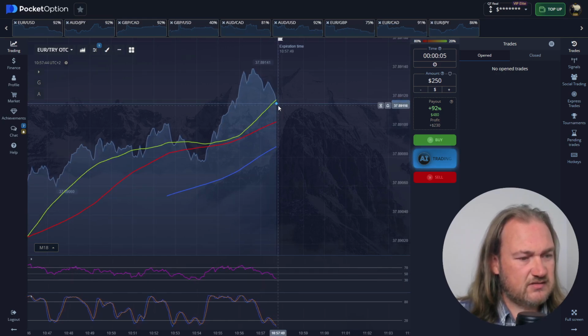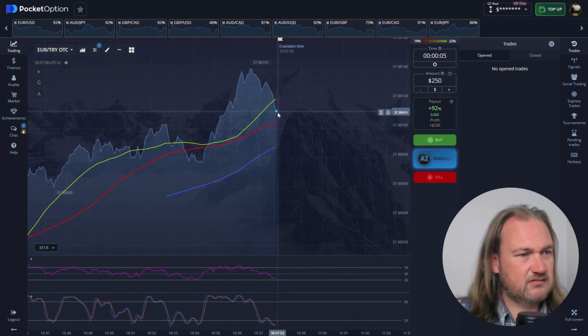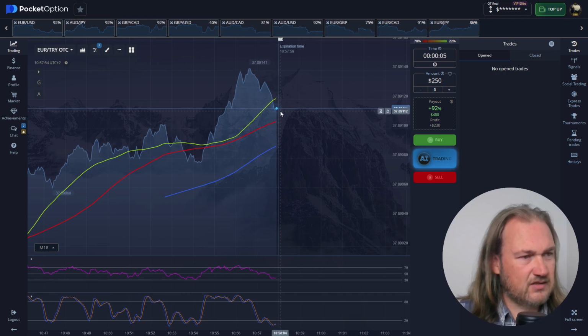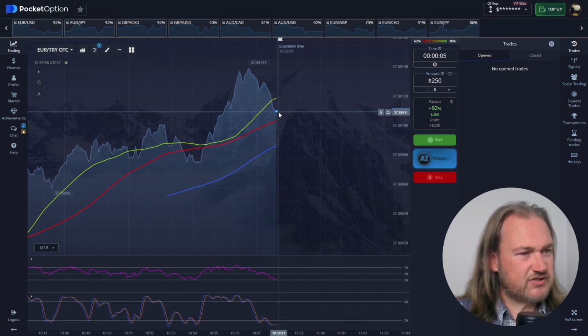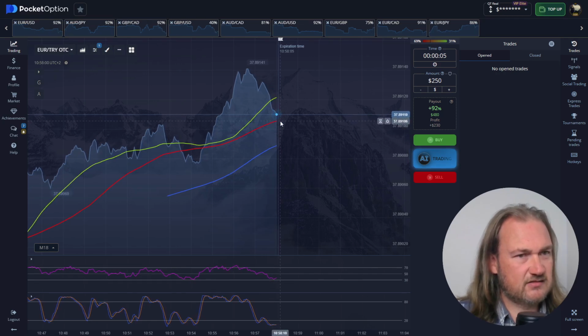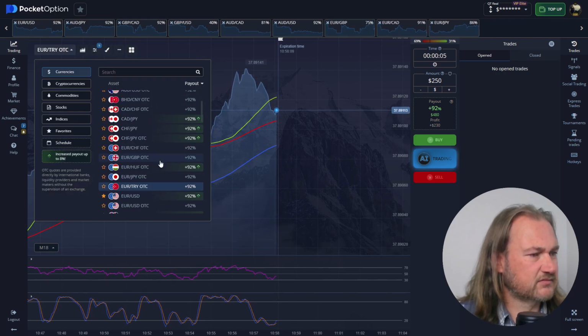But if this bounces to this and really goes oversold, I might actually risk a call trade as well, a buy trade there. But it looks like this might be changing direction now as well. Nah, okay, no. Let's find something else.